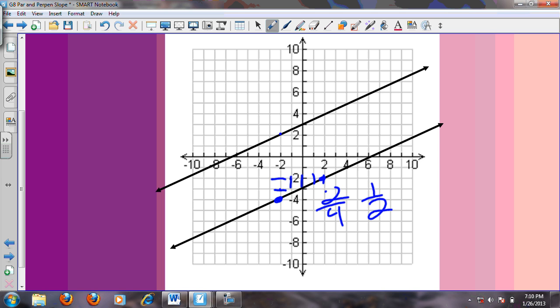Okay, let's start here, and let's go again to here. Up 1, 2, 3. Over 1, 2, 3, 4, 5, 6. 3 over 6. Are both of those slopes equivalent to 1/2? Yes. So parallel lines will have the same slope.